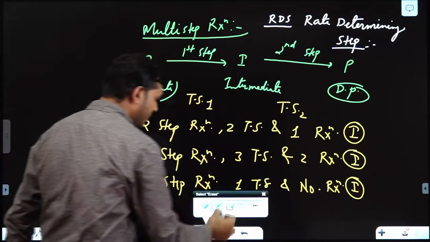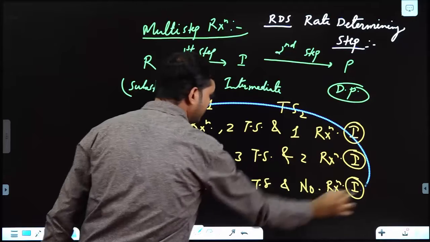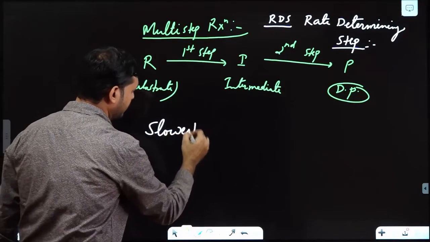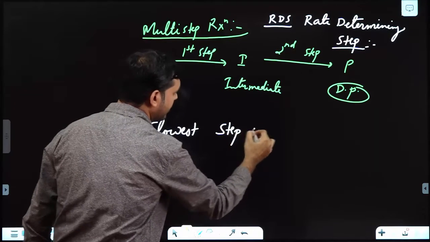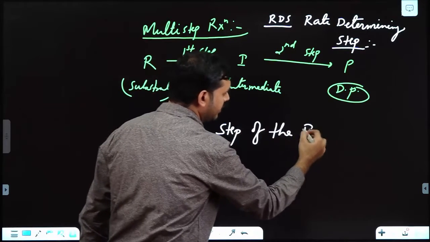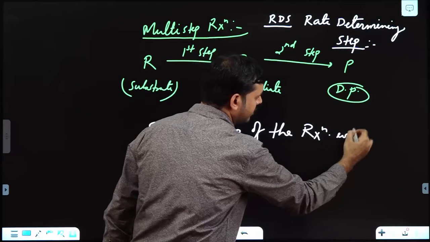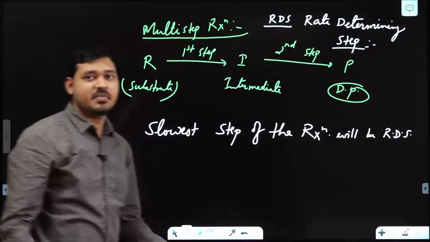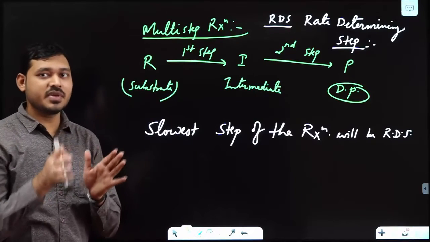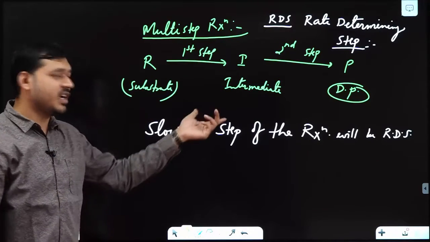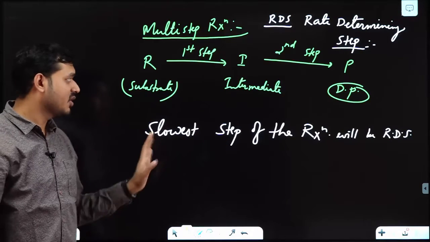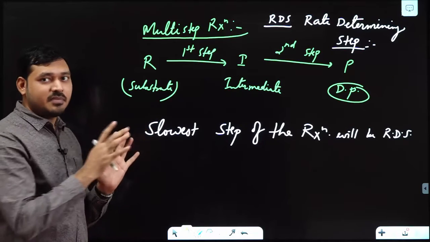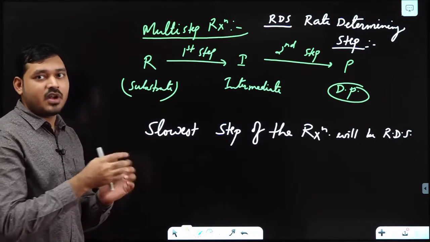The slowest step of the reaction will be RDS. Clear? So in a multi-step reaction, always remember the slowest step of that reaction will be the rate determining step of the reaction, RDS.